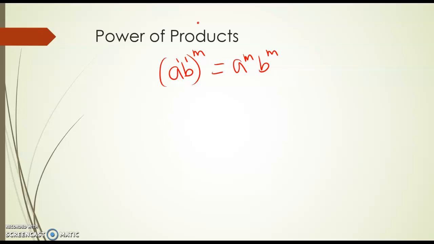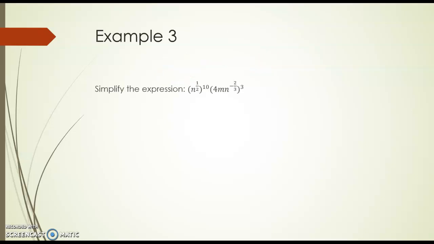So let's see a couple examples. Simplify the expression. We have n to the 1/2 to the 10th times 4m n to the negative 2/3 times 3. So this first one, this is what we were doing in the last video. I just need to take n to the 1/2 times 10.